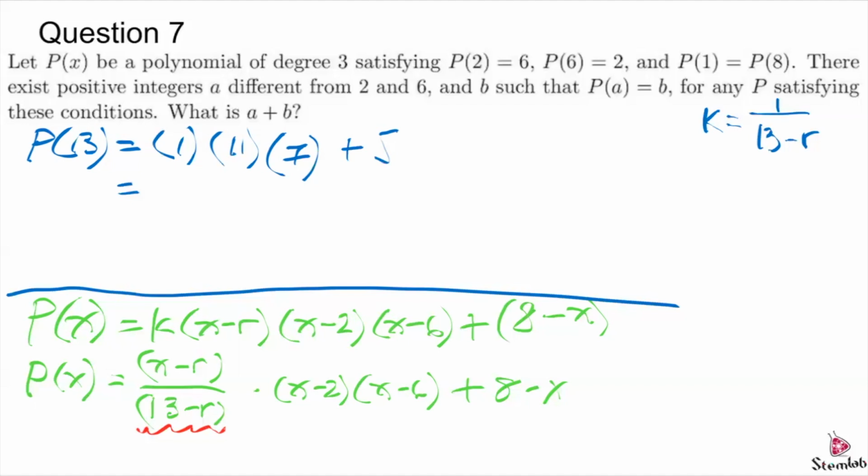Sorry, minus 5, not plus 5. So we get 77 minus 5, or 72. Okay. So we need to make sure that this actually works.